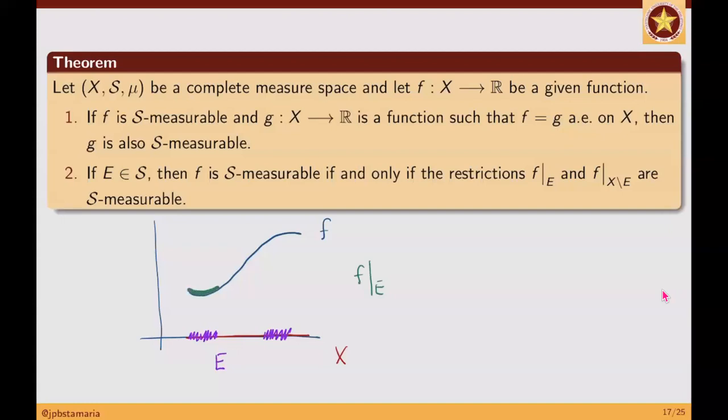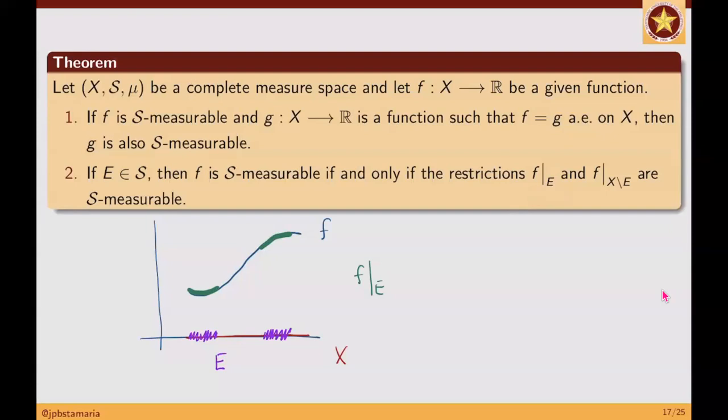Yan. Tapos, yan. So yung restriction mo is restricted. Kaya nga restriction ang tawag. Yung green na function, yun yung F restricted to E. Yun yung F bar E. Pambasa dyan, restriction of F on E. So basically, si F lang din siya. Only, we are just restricting it to the set E.